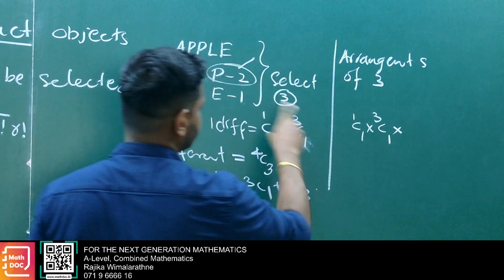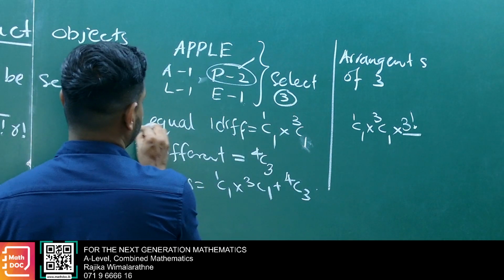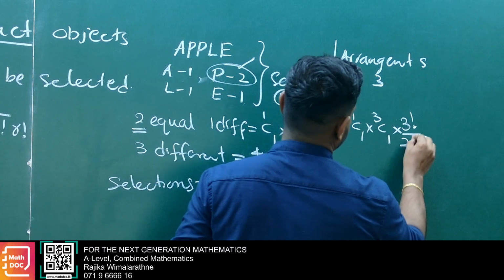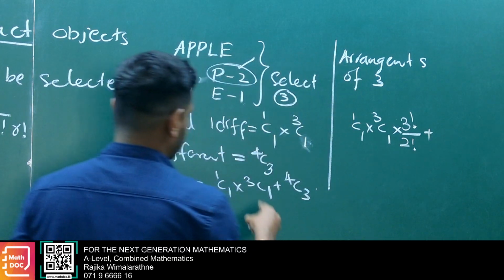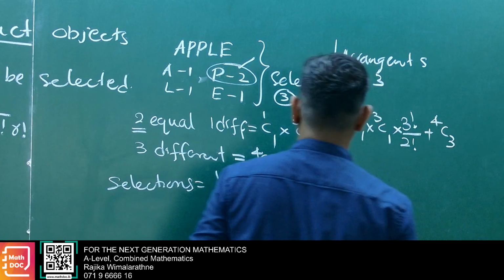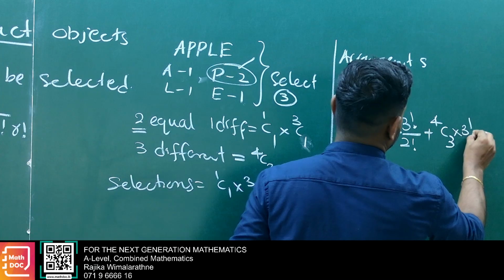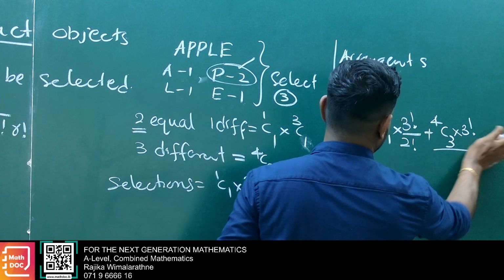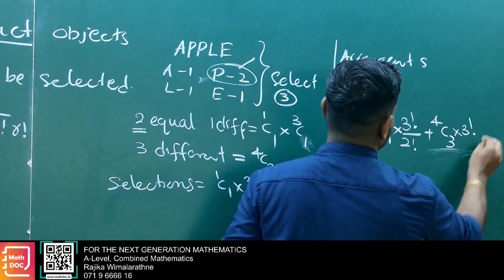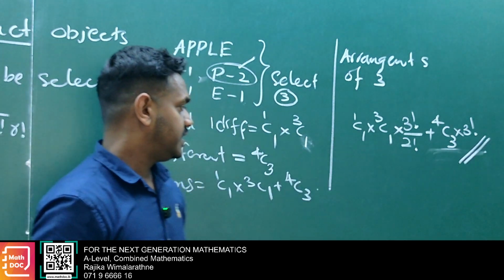Now we have 3. Then you arrange in 3 factorial ways. Here we have 2 equal, then to remove that equality, divide by 2. Here 4C3. Now we have selected 3. You arrange them 3 factorial, divide by, here we don't have any equality. No? Then here total arrangements, here total selections.